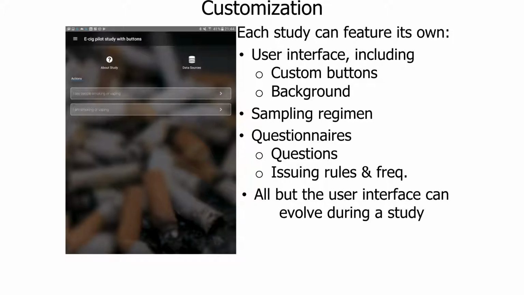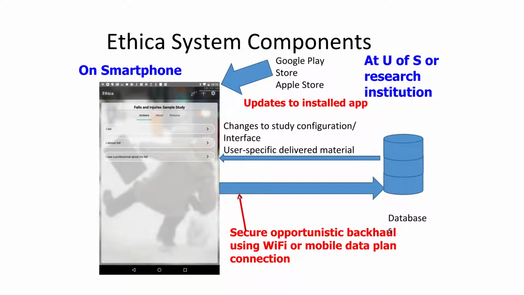And all these mechanisms can evolve during the study. All but the user interface, even the user interface, in fact, in the latest versions, can be modified. And much of this without any programming whatsoever.